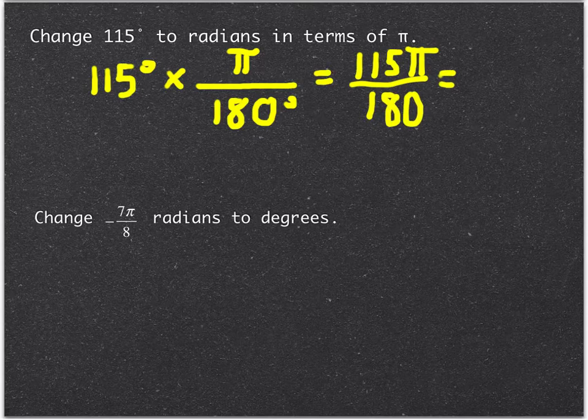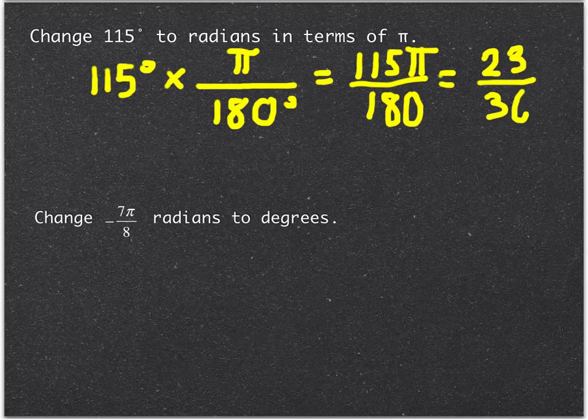You may need your calculator to do this. I can ultimately reduce that fraction to 23 over 36. The pi still needs to be in there. So that's an exact representation of 115 degrees in terms of pi, and that is in radians. So this ratio here is really crucial. We'll use that an awful lot.